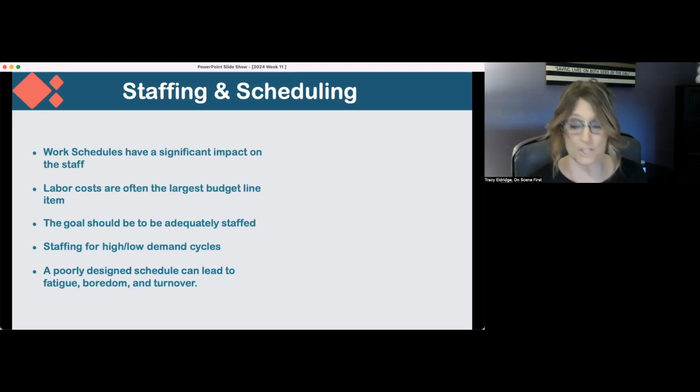Lack of coverage on the shifts leads to more overtime, which increases the budget. Labor costs are often the largest budget item, as we talked about with budgeting a couple of weeks ago. Obviously, the goal is to be adequately staffed. And adequately staffed isn't just having enough people to cover the shifts, but being adequately staffed for high and low demand cycles.